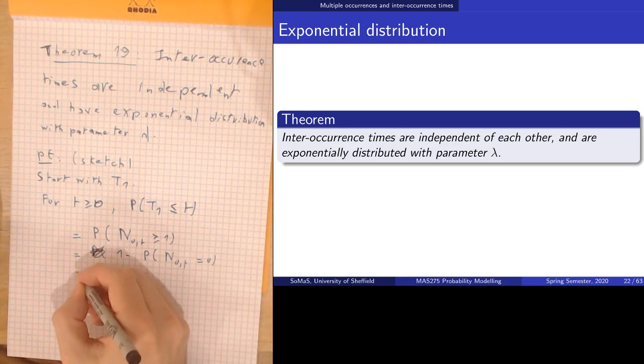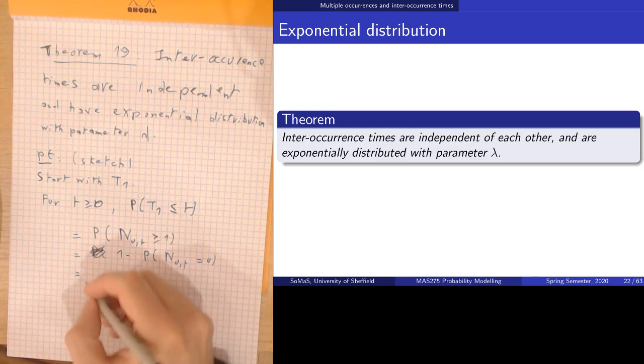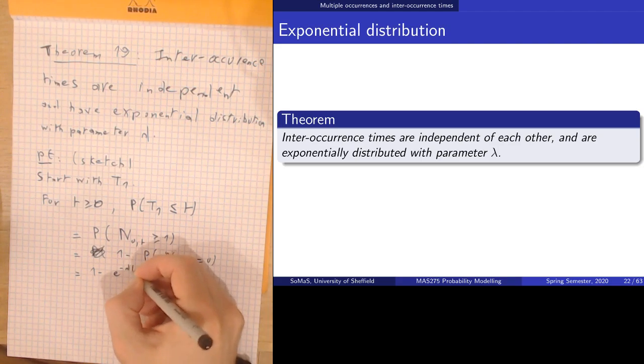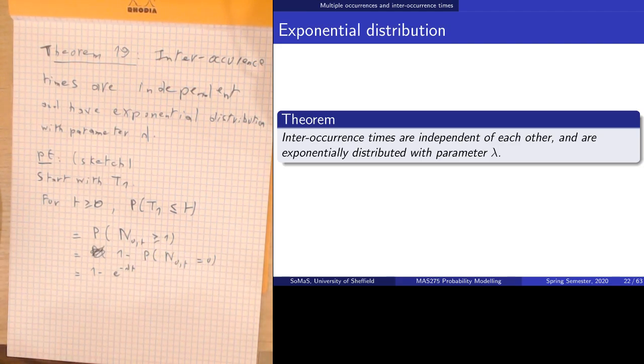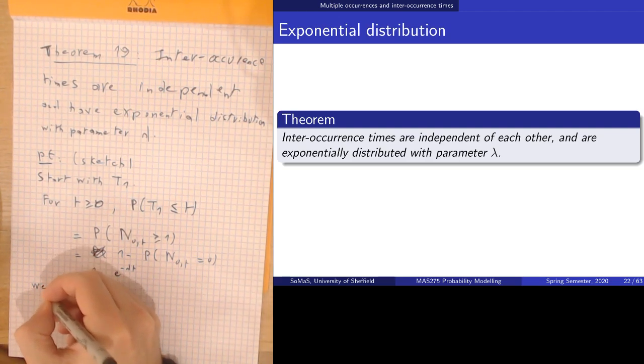Since N_0t is an integer, it's 1 minus the probability that N_0t is equal to 0. And we know what this is because N_0t is a Poisson variable with parameter lambda t. So we get 1 minus exponential of minus lambda t. And this should ring a bell.